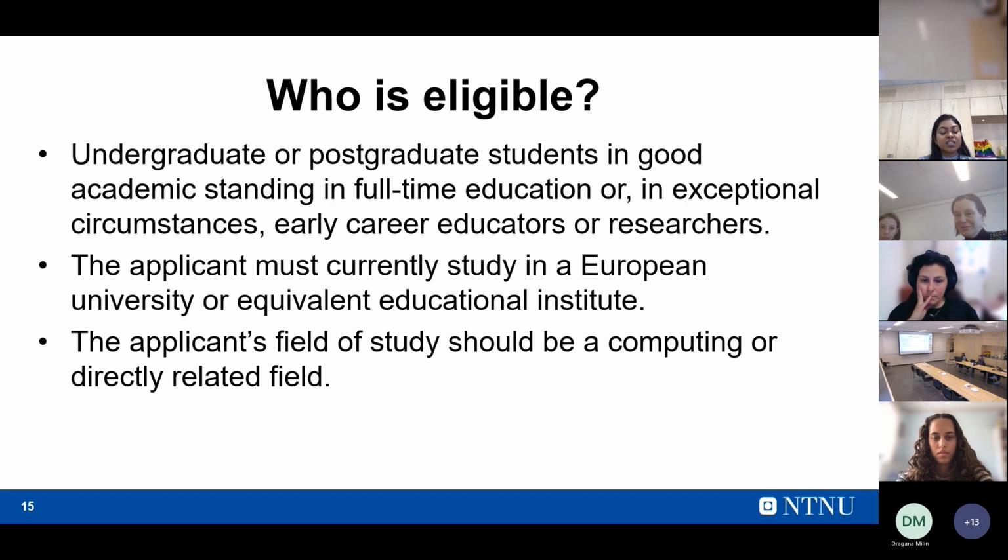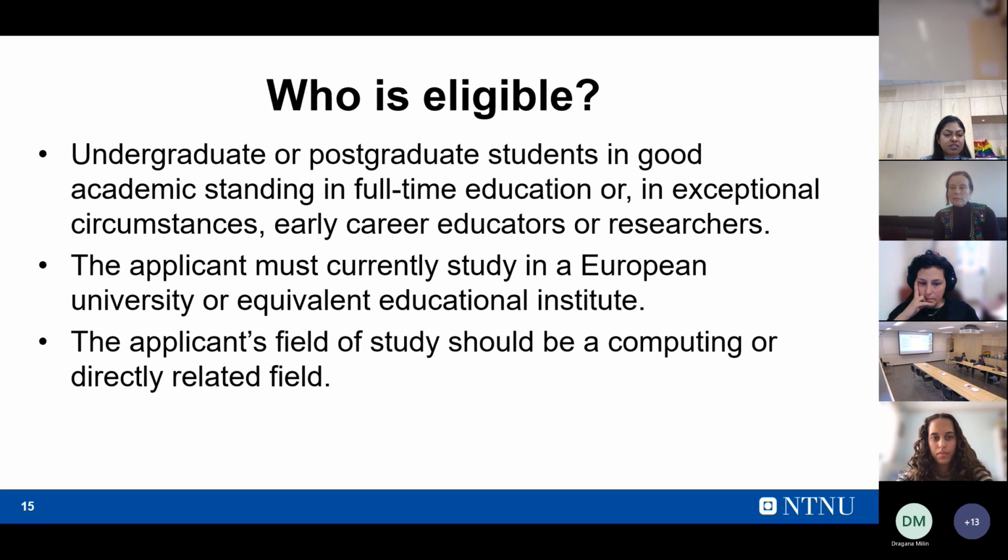The second is that you must be studying in a European university or in an educational institution within Europe. And the third is that your field of study should be within computing, or directly related to computing. These are the three main criteria for applying. And after you apply, I think you will hear back from us within 1 month.